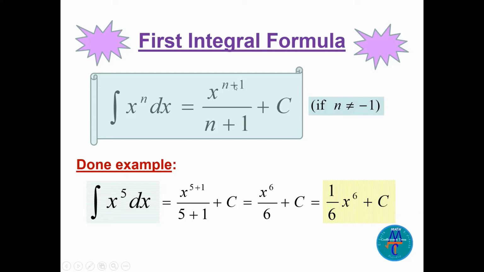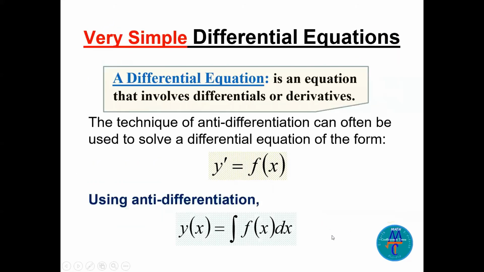See, we add here n plus 1, so n is 5. So it will be x to the power 5 plus 1 over 5 plus 1 plus c, which is x to the power 6 over 6 plus c, or 1 over 6 x to the power 6 plus c. Now, if you find the derivative of all this yellow part, it will be x to the power 5, because the derivative of the constant is 0.